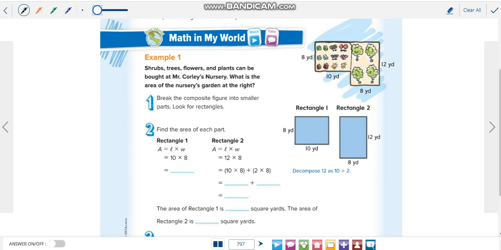So in rectangle number 1, the L stands for 10 and the W for 8. So we do the operations. 10 times 8 equals 80.